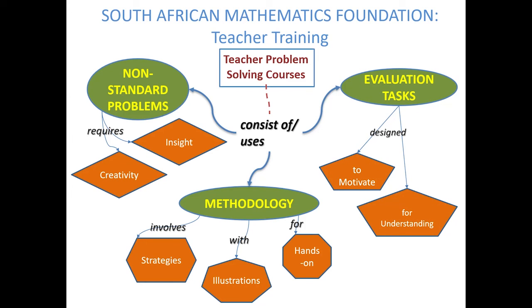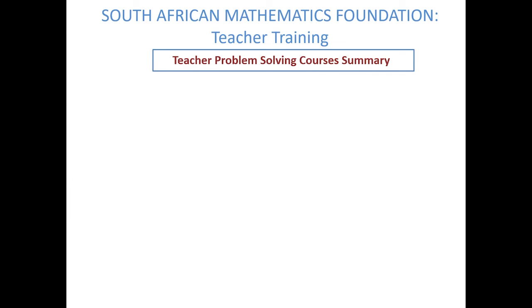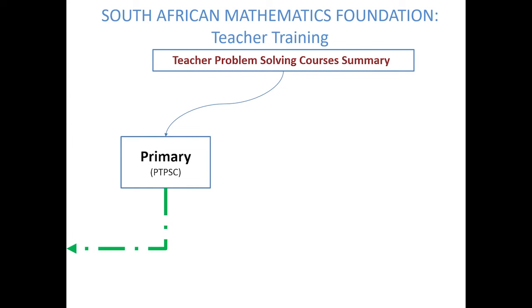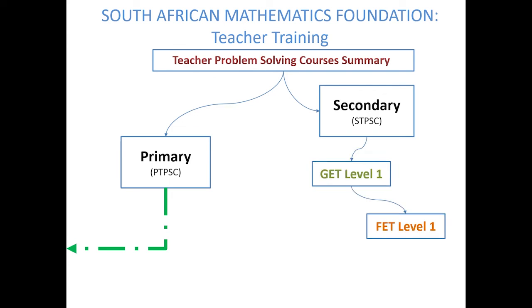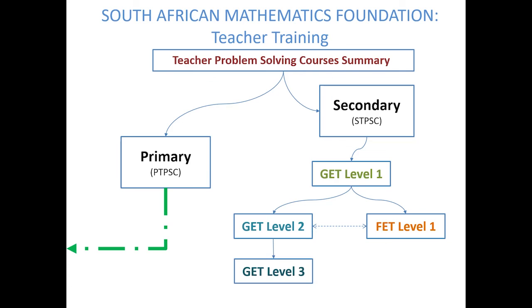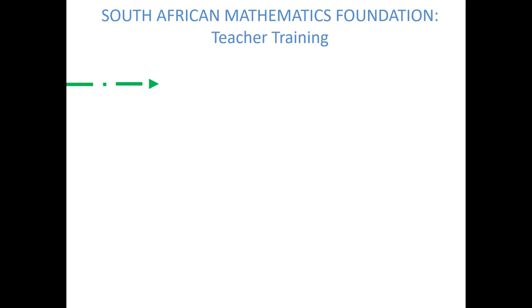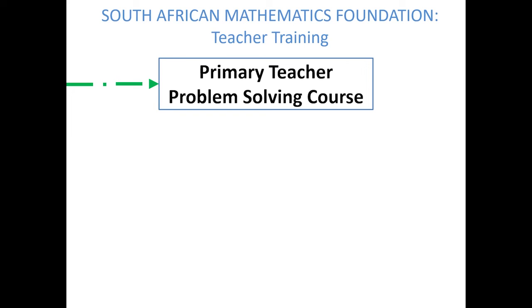We have separate training courses for primary teachers and for secondary teachers. On secondary level, there are a GET level 1, a GET level 2, an FET level 1, and a GET level 3. For the primary teacher problem-solving course, the content consists of different strategies: induction, generalization, specialization, and deduction.